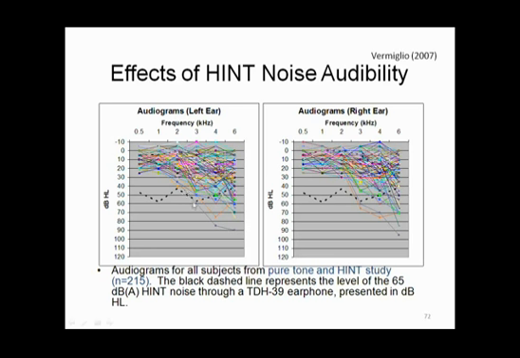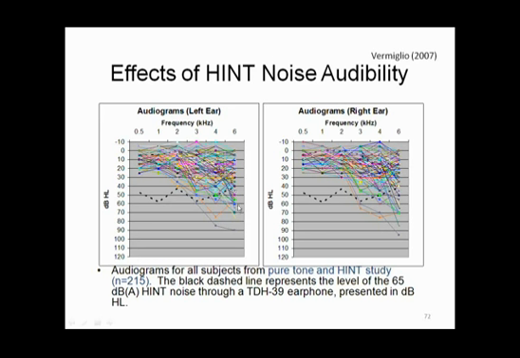Okay? And then when the speech is presented at 65 dBA, these are the audiograms for a ton of subjects, 215. So here, the individuals who have thresholds over here, the speech is actually inaudible in the high frequencies. Whereas individuals who have audiograms in this range, where the thresholds are below the level of the speech, they have complete audibility.